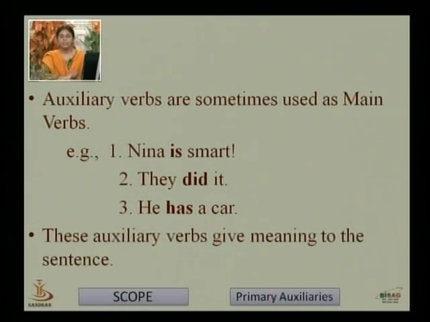What are these auxiliaries doing? The auxiliaries which function as the main verb simply give meaning to the sentence. They neither modify nor add to the meaning of the main verb, but they give meaning to the sentence.